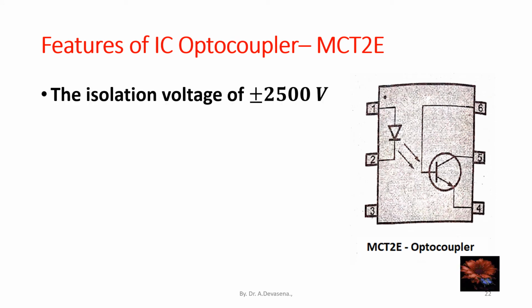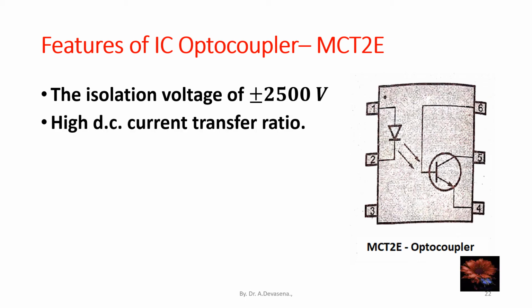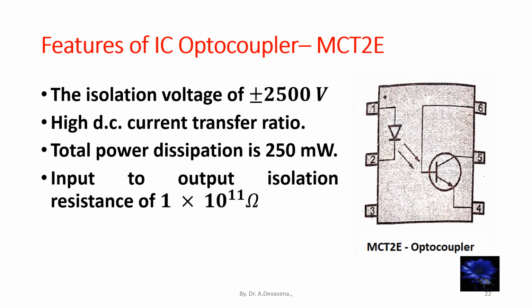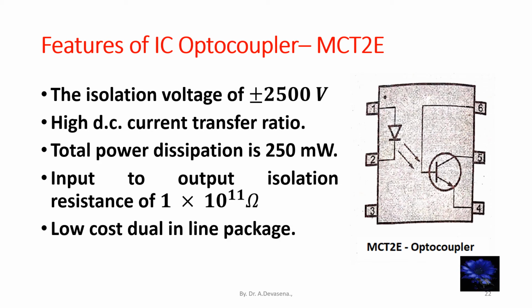Features of IC optocoupler MCT2E. The isolation voltage of plus or minus 2500 volts. High DC current transfer ratio. Total power dissipation is 250 milliwatts. Input to output isolation resistance of 1 into 10 power 11 ohms. Low cost dual inline package.